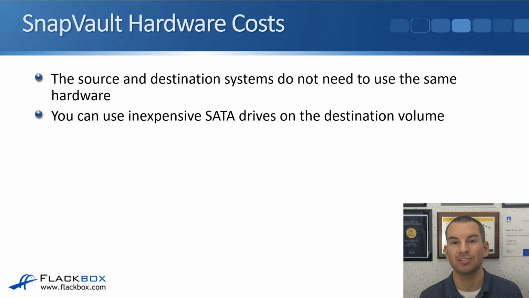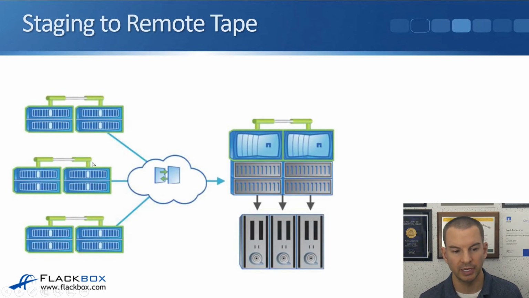The source and destination systems do not need to use the same hardware. So you can use inexpensive SATA disks on the destination volume. So going back a slide again, over here on the left, these are our production clusters, which are being used for our in-use data. And if we require a higher performance there, we would be using SSD or possibly SAS drives.